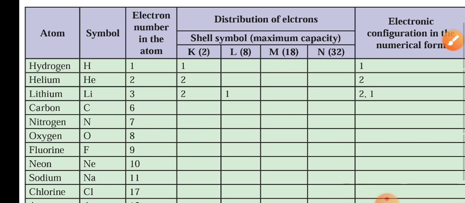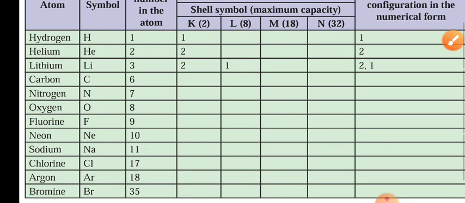Now directly we will go to sodium. The remaining you can write. Sodium has 11. So 2 will come here. Next is 8, because only 8 can be held in the second shell, that is the L shell.